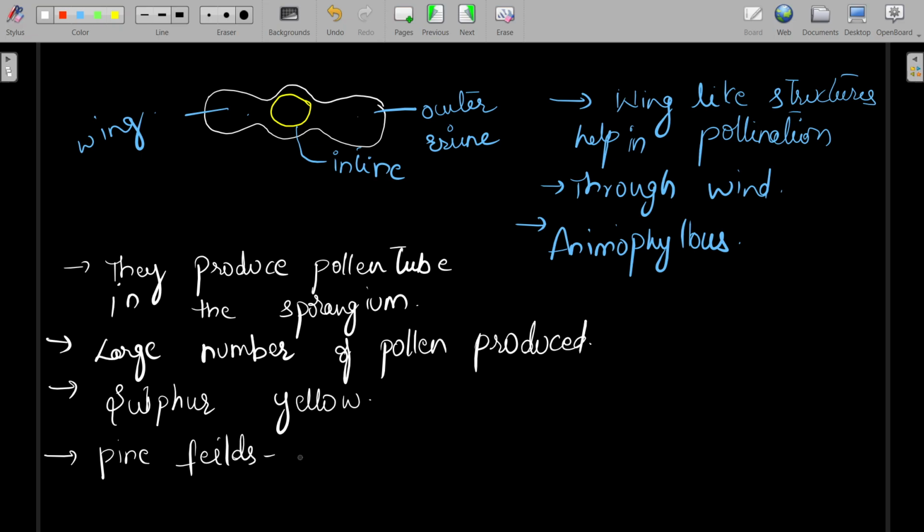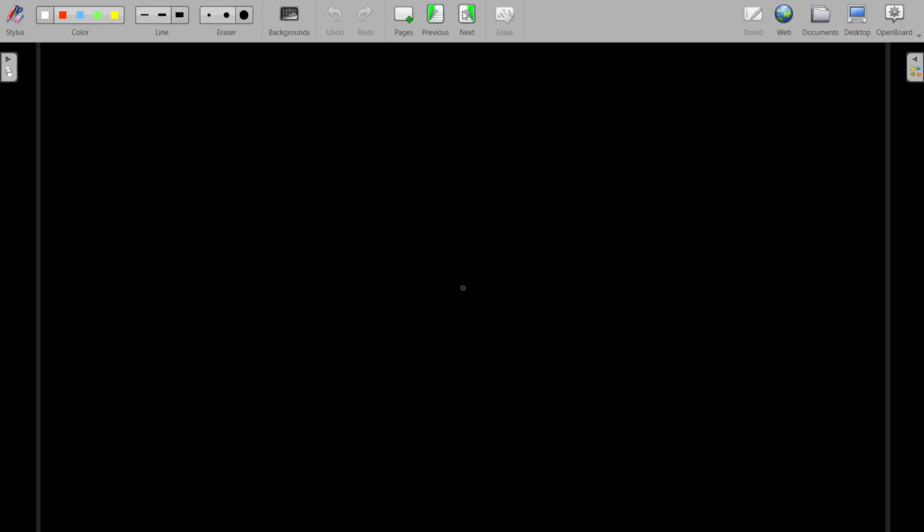That means yellow clouds are seen at the pine fields. These are formed by the large number of pollen produced. Okay. So this is about the male cone.